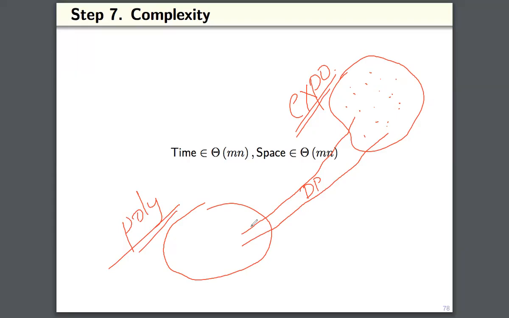If you use DP, you are bringing a lot of these problems, not every one, to polynomial space. TSP is still there. Even if you use DP, it will still be in the exponential domain, but you can come up with a DP algorithm to solve the TSP problem.